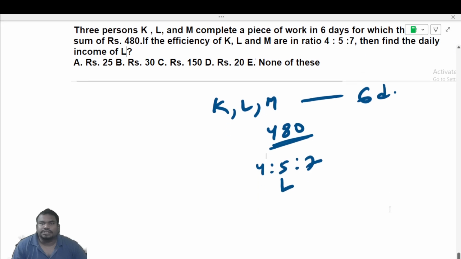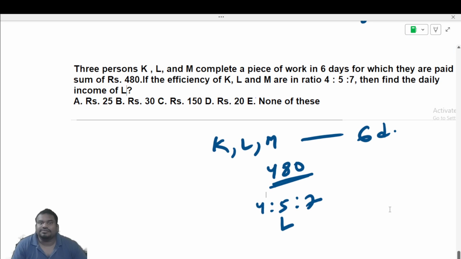So their efficiencies are 4:5:7. Then find the daily income of L. 6 days for which they are paid a sum of rupees 480.